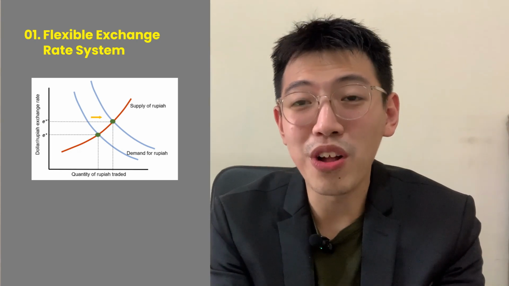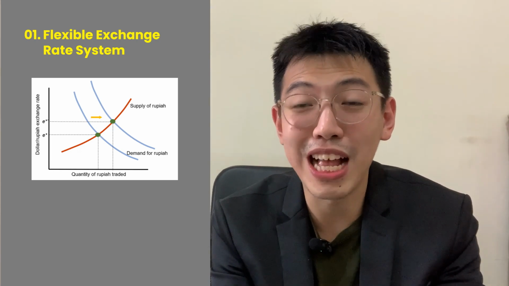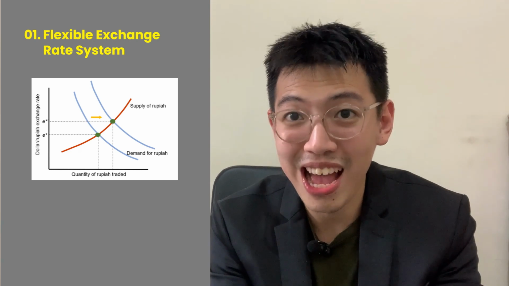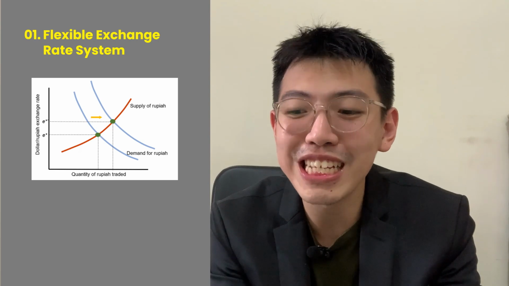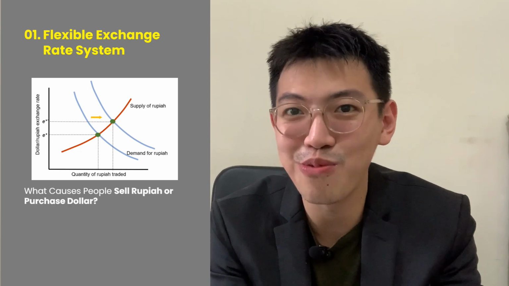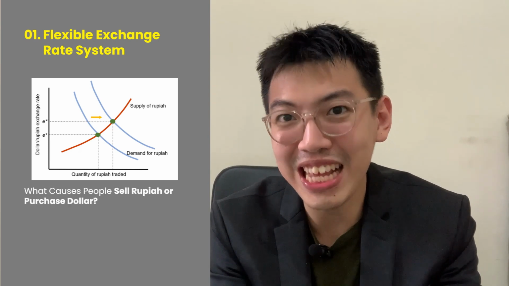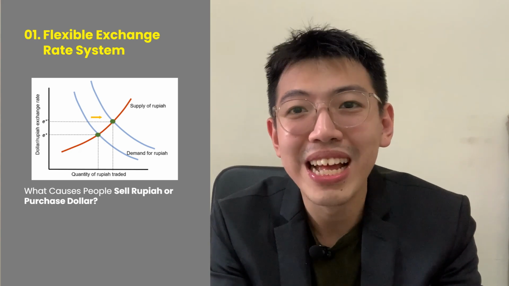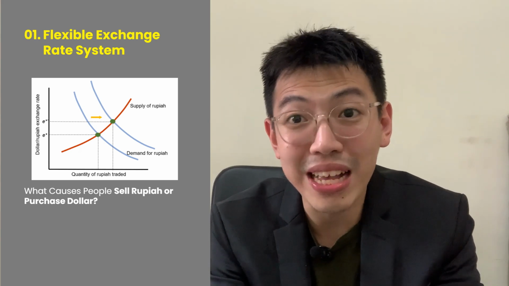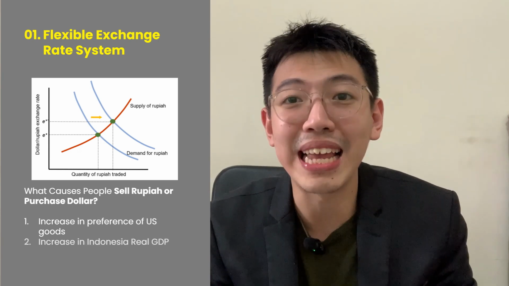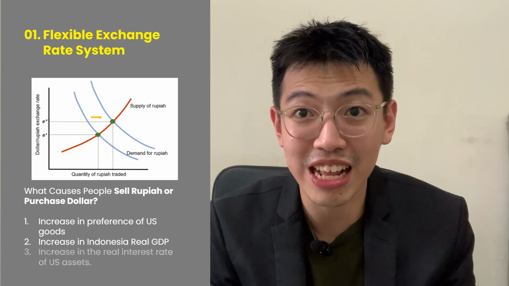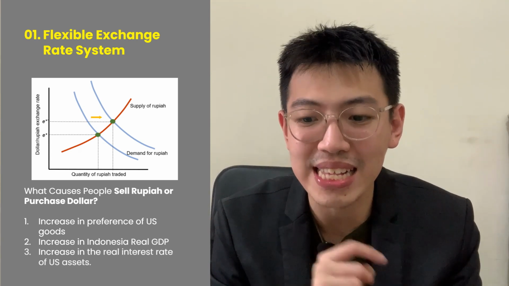Previously, we learned what factors cause people sell dollar and purchase rupiah. Now, if I ask you what cause people purchase dollar and sell rupiah, of course it is the other way around. Increased preference of US goods, increase in real GDP abroad, and increase in the real interest rate in US assets.